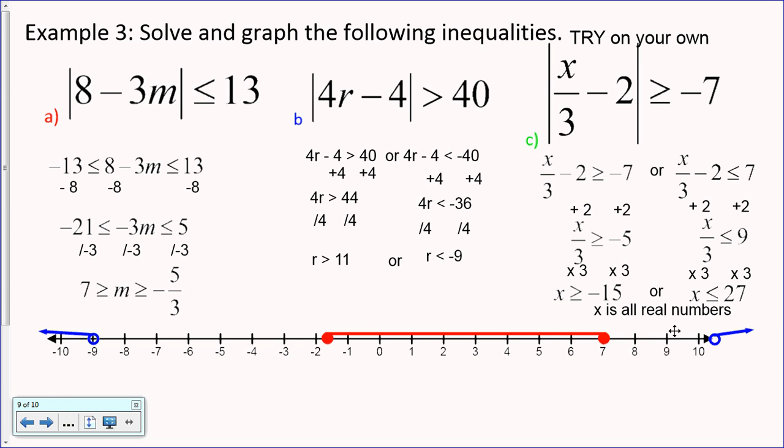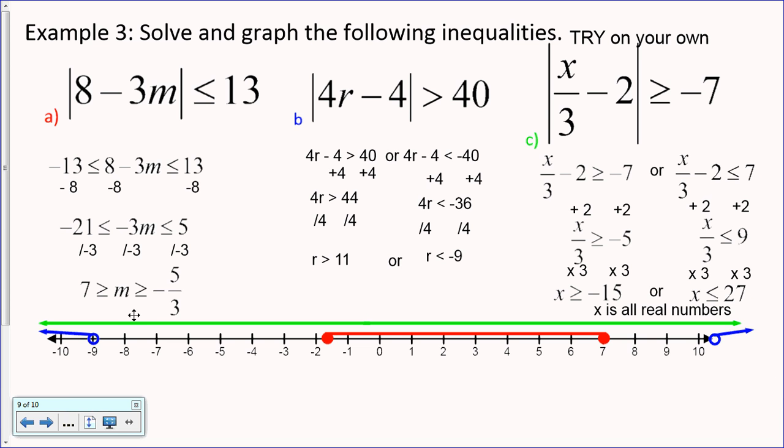Now, because it's an or statement, okay, to be smaller than 27 means I would go all the way to negative infinity here, but it also has x greater than negative 15, meaning I'd surpass everything past 27, okay?